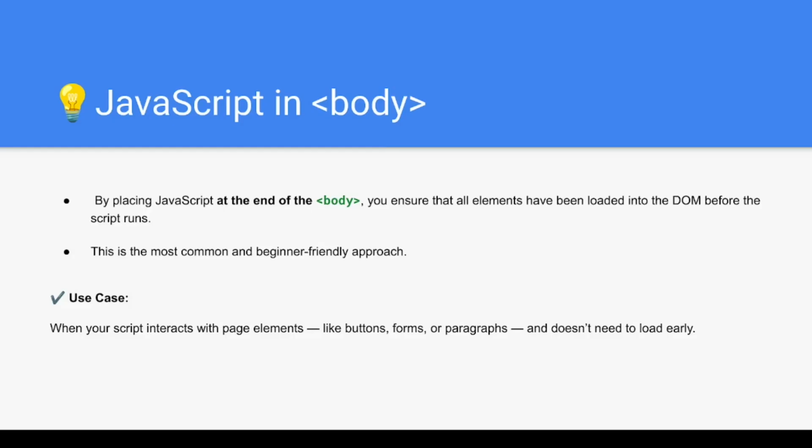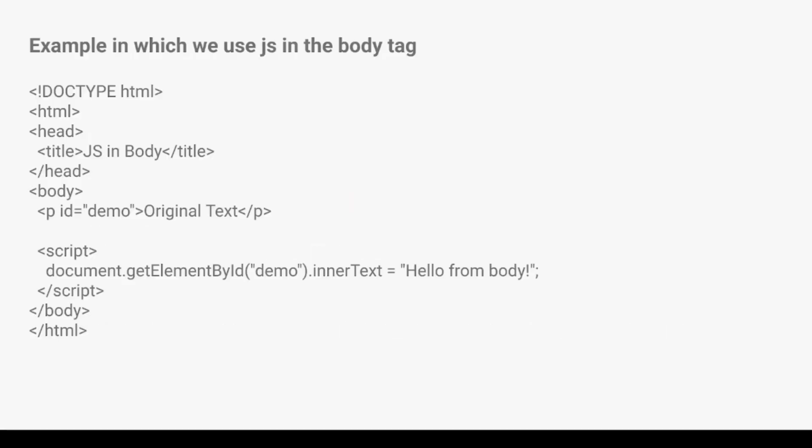The use case of this one is when our script interacts with page elements like buttons, forms, paragraphs, and does not need to load earlier. In that case, we can use JavaScript in the body. This is code in which we are using the body tag.